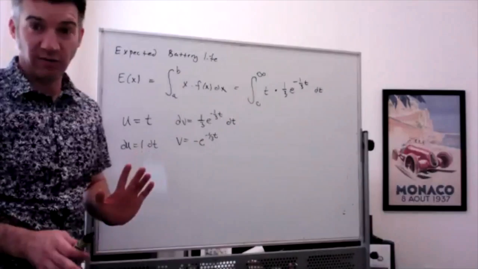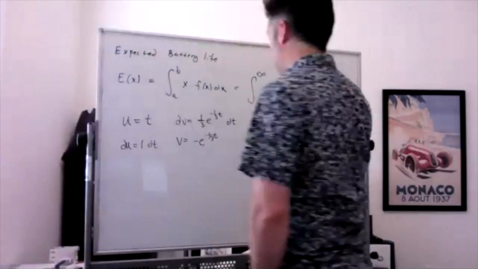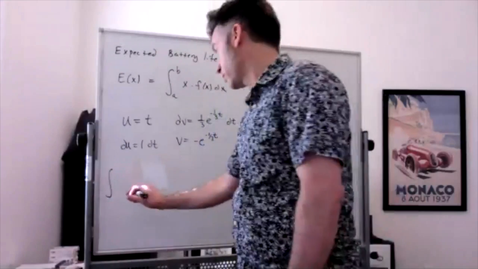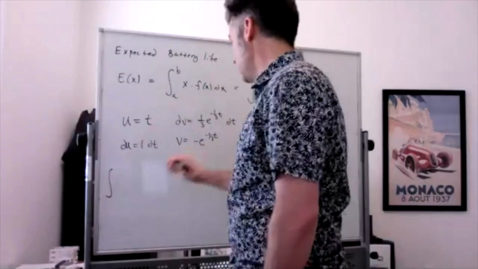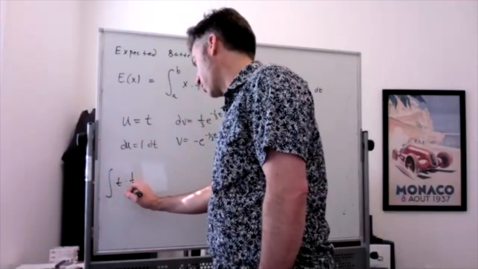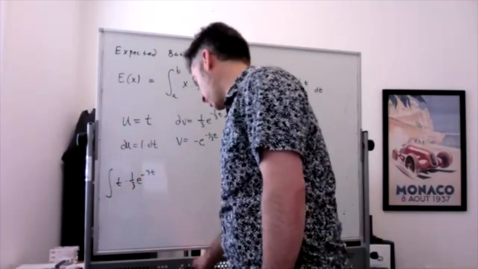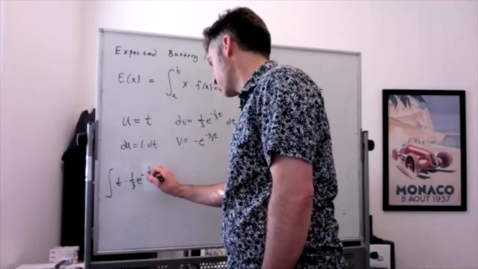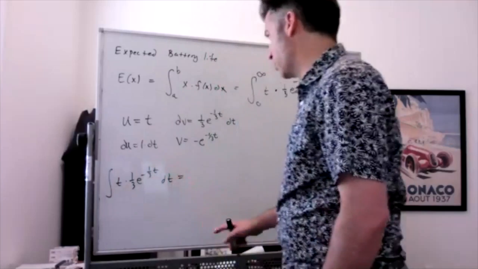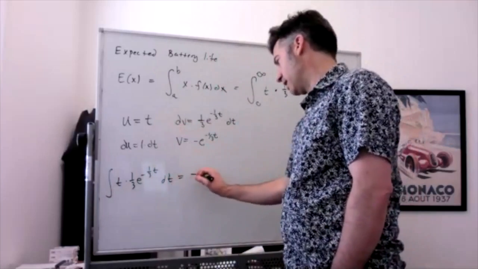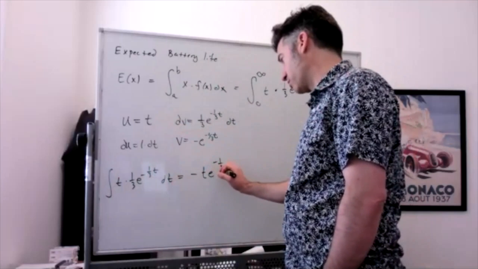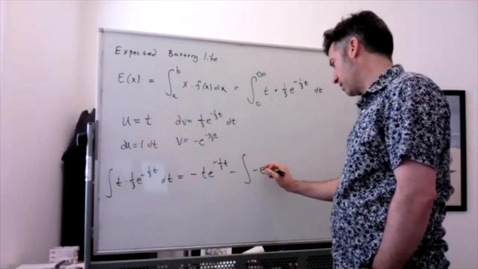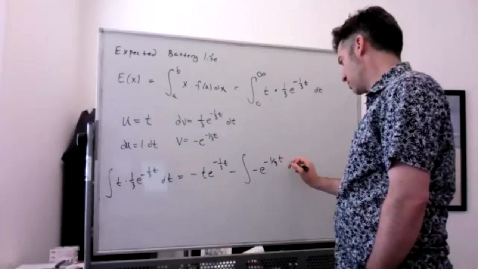Let's just do the antiderivative first, meaning I'm going to totally ignore the limits of integration. The indefinite integral of t times 1/3 e to the -1/3 t is equal to this times this, so negative t e to the -1/3 t minus the integral of v du, which is negative e to the -1/3 t dt.